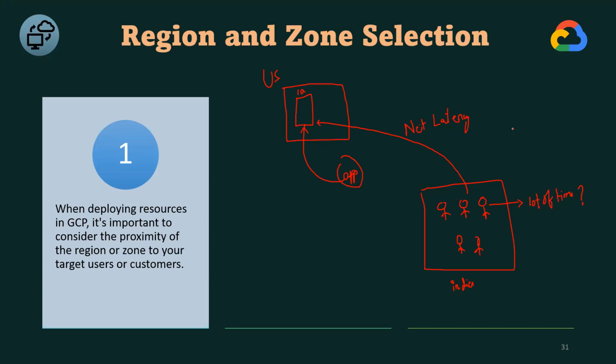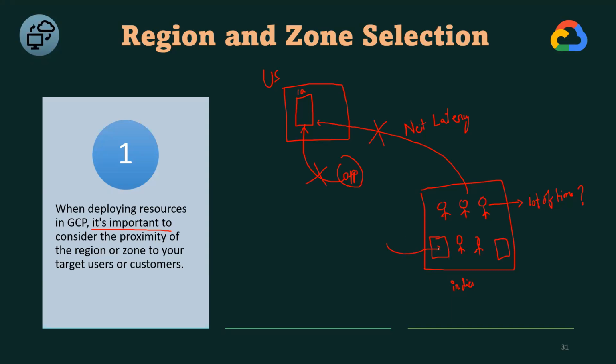The very first important point of the selection criteria is that whenever you deploy your application or resources, it's important to consider the proximity of the regions and zones. Try to deploy your application wherever your target users exist, at least near to them. So instead of deploying your applications there, try to deploy in New Delhi or Mumbai.